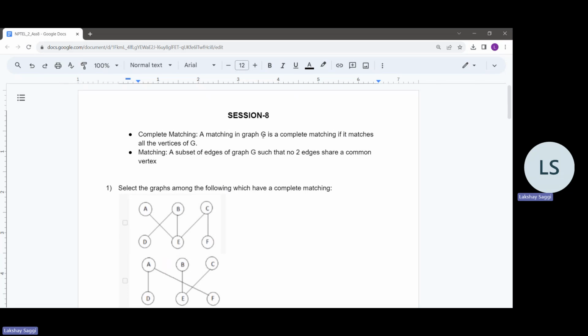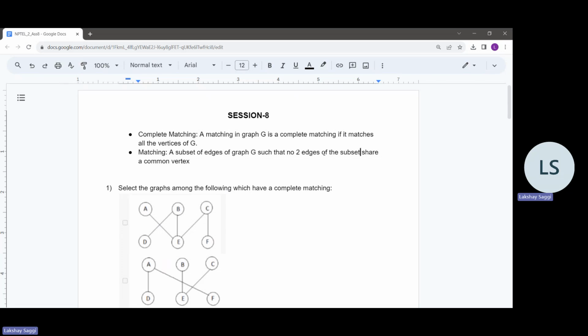For a graph G, we just select a subset of edges, and no two edges of that subset should share a common vertex.